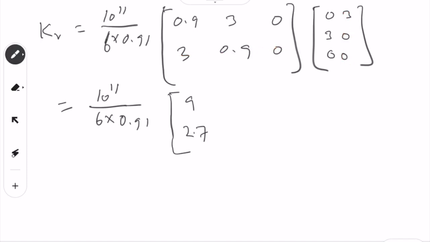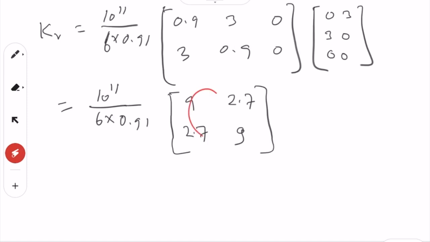So we get 2.7, 2.7, and you get 9 here. Okay, so this is what we get, and we expect this to be symmetric like this one. Yes, it is done. And then we have the KR is done.